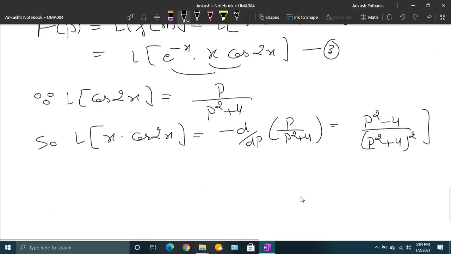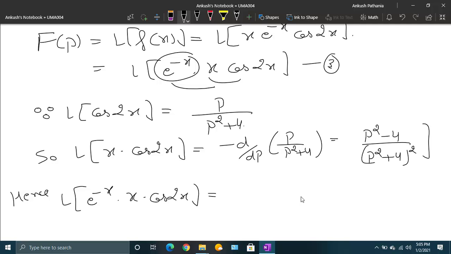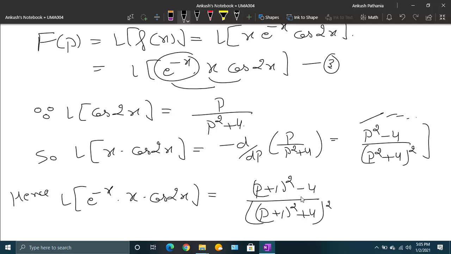Now the only thing left is e raised to power minus x. Hence the Laplace of e raised to power minus x times x cos 2x is equal to changing p to p plus 1 in the whole expression. That is, (p plus 1) whole square minus 4, upon ((p plus 1) whole square plus 4) whole square.